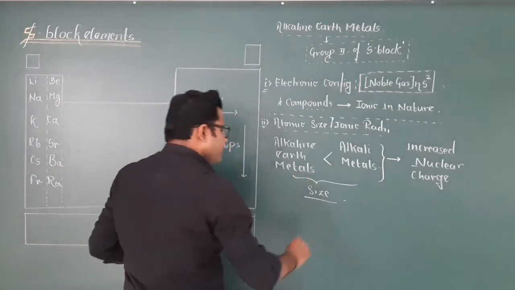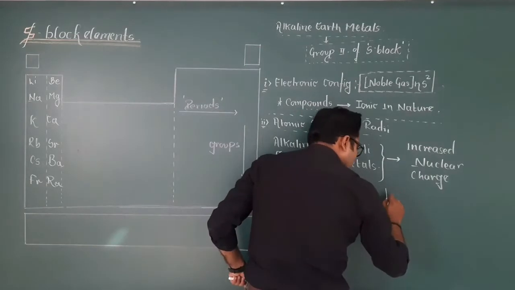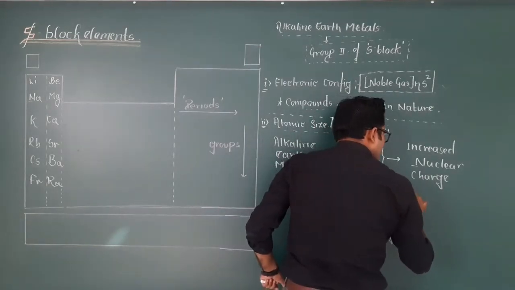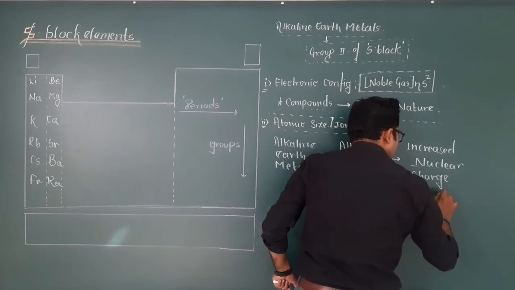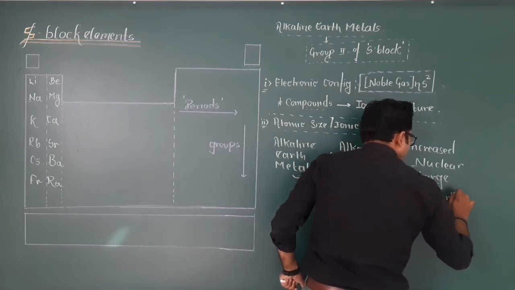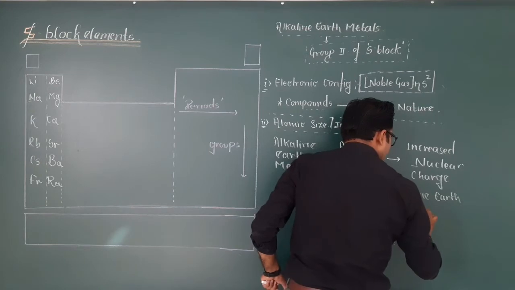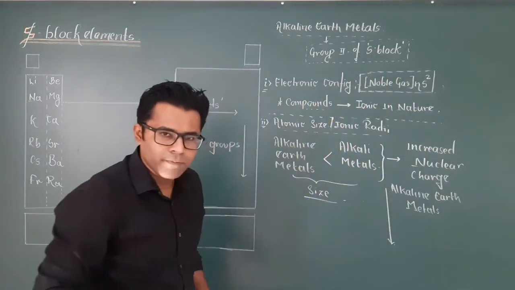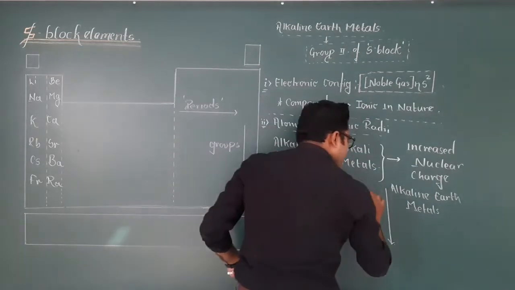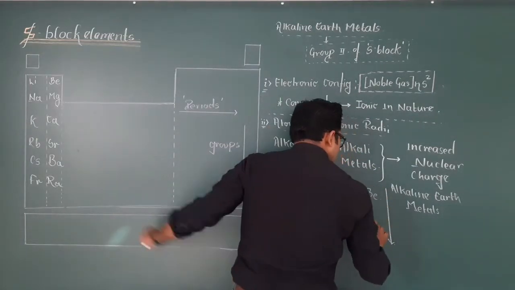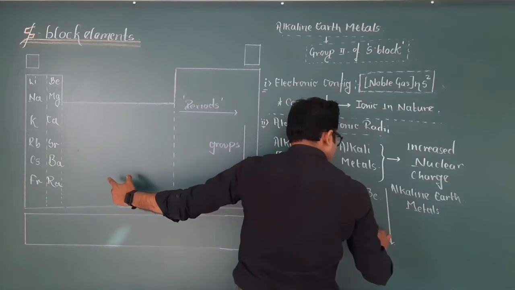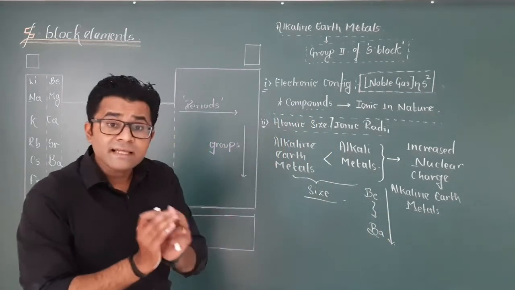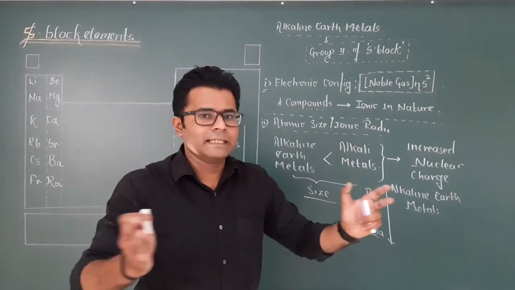Now, as we travel down a particular group, in the alkaline earth metals, right from beryllium, let's say till barium, the size of the atom goes on increasing.